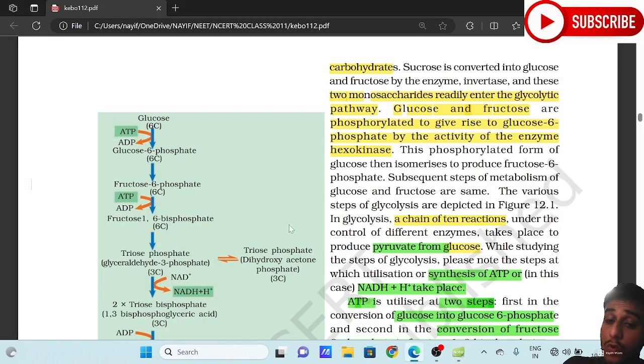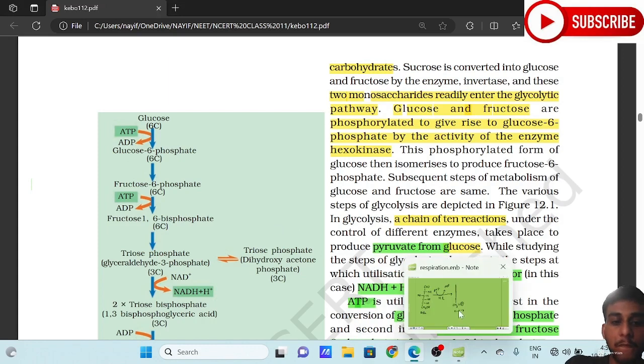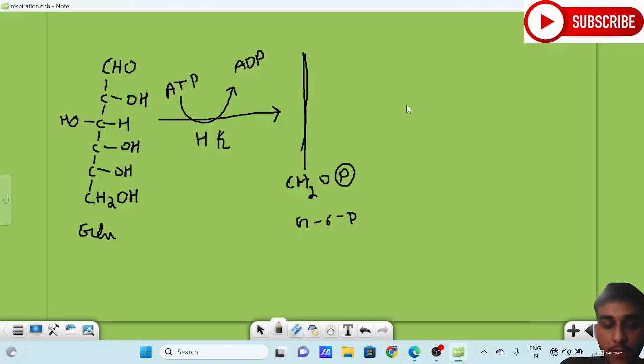Conversion of glucose 6 phosphate into fructose 6 phosphate. So we need to understand the structure of fructose. I will be drawing it. Fructose is an isomer of glucose.